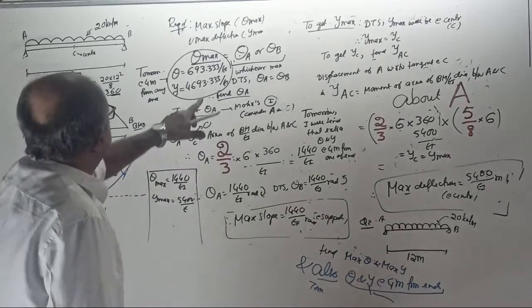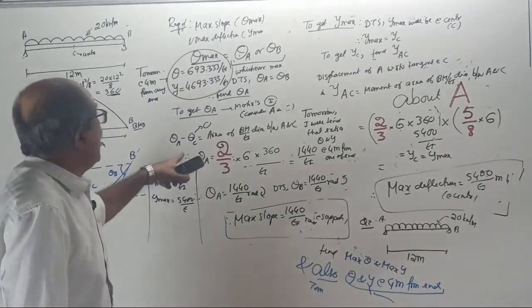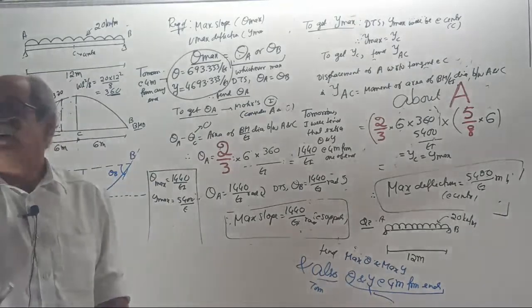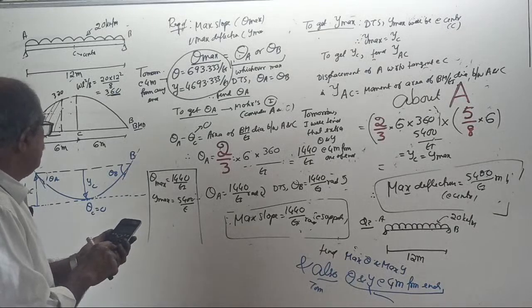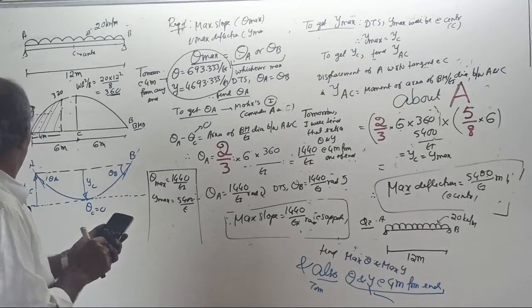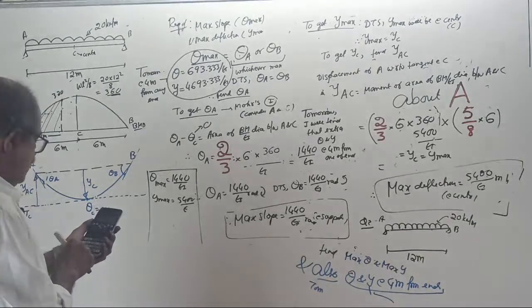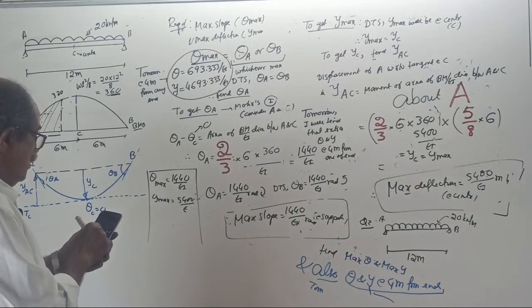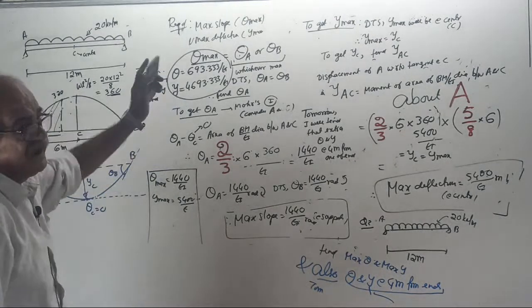When I tell 693, if some other procedure gives you 800, then who is wrong? That is wrong. I will check once again. No chances to be taken. Yes, 693 point something is correct.